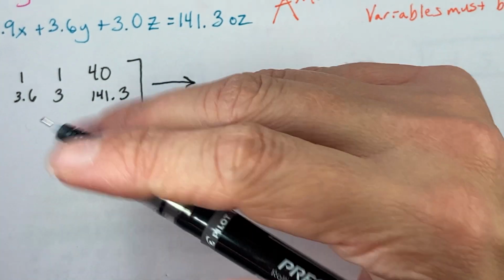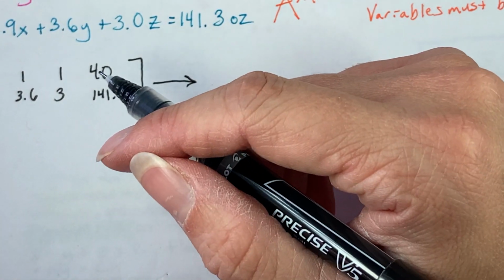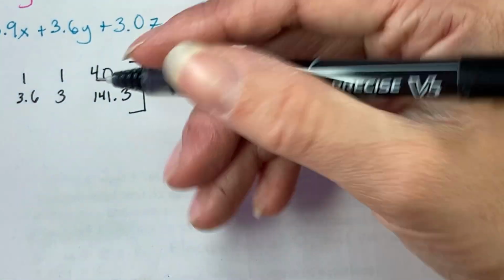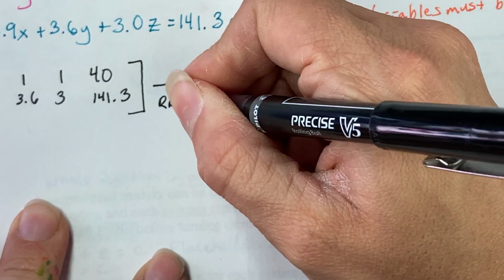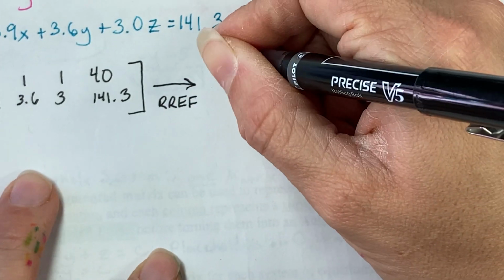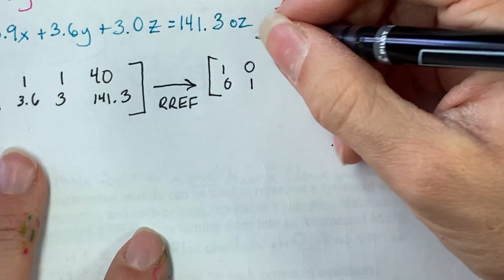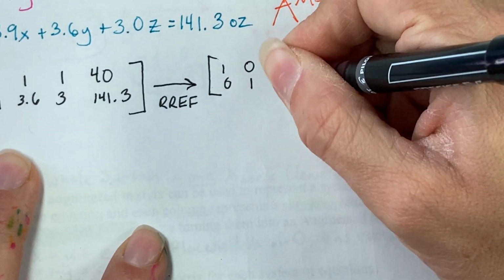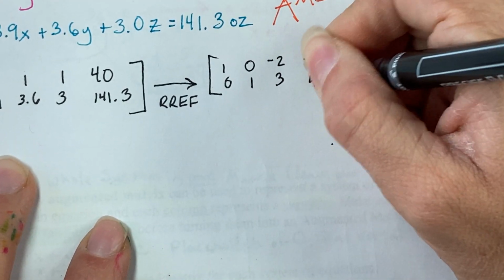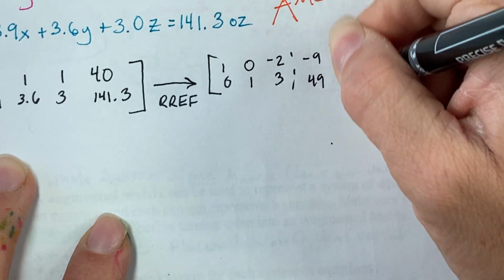Are we doing okay with using our calculator to do the reduced row echelon form? Okay, I'm going to save us some time, and I'm just going to tell you what that matrix looks like, so we can get to the fun part of this problem. So 1, 0, negative 2, negative 9, then 0, 1, 3, 49.